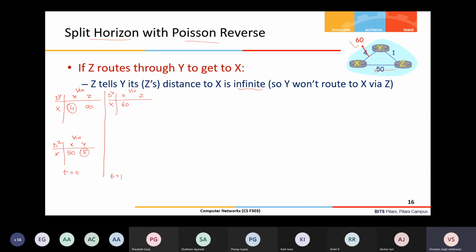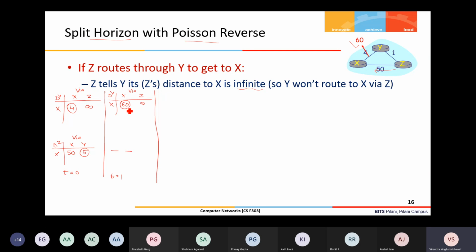It says 4 becomes 60, and Y has the information that via Z the cost to X is infinity. So finally this 60 is the least compared to infinity. In the present case we assume infinity is a higher value than 60. Z's table remains the same with respect to X because there is no change observed at t equals 1.